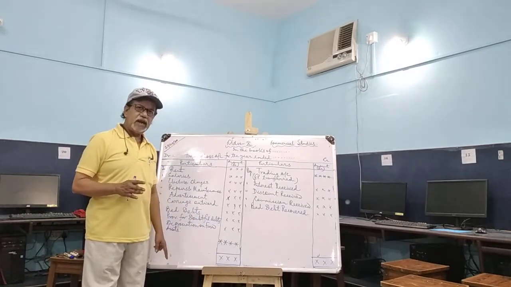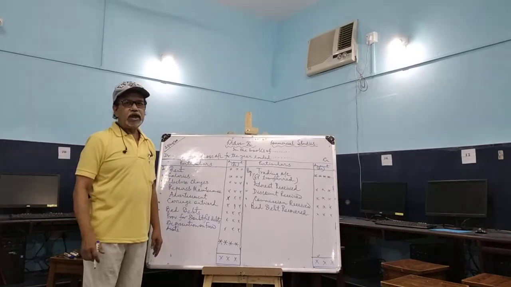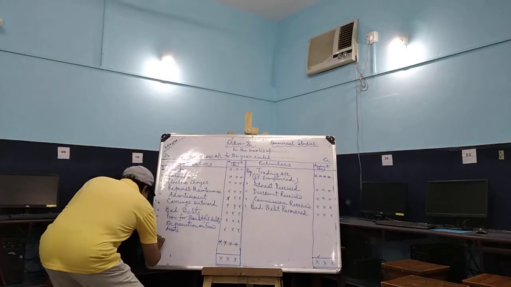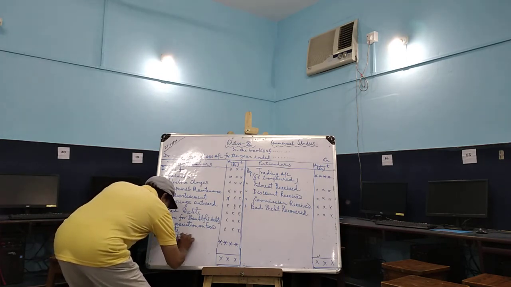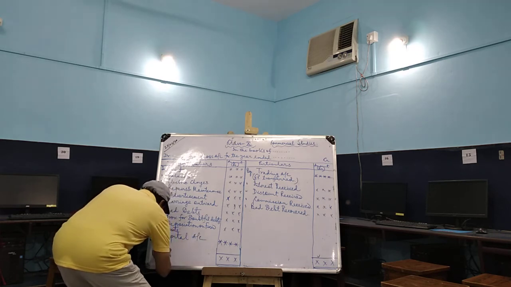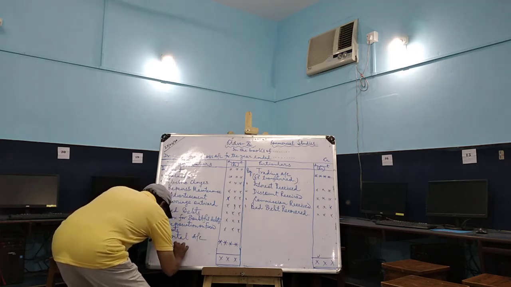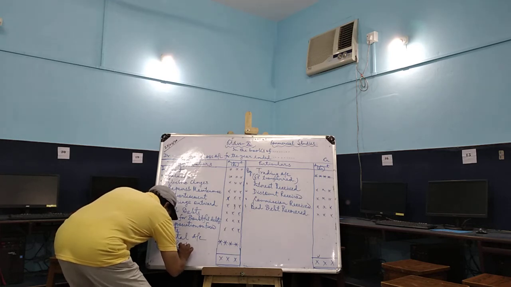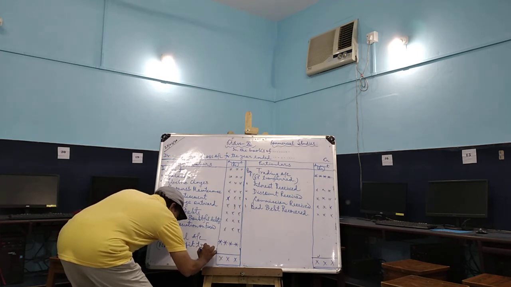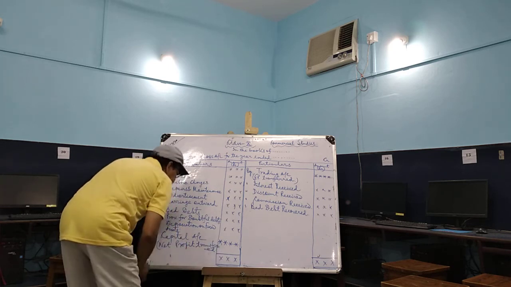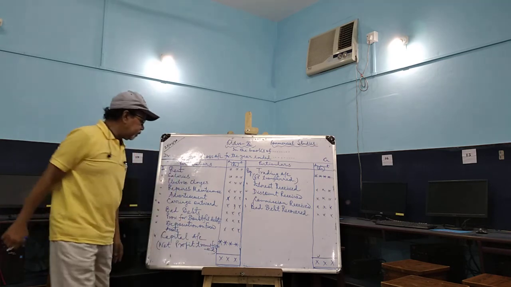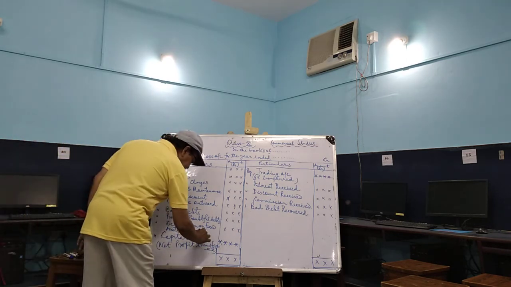So the profit also will be liability because this will be transferred to his capital account. So write it here: To capital account, within bracket, net profit transferred. Alright. Net profit transferred.